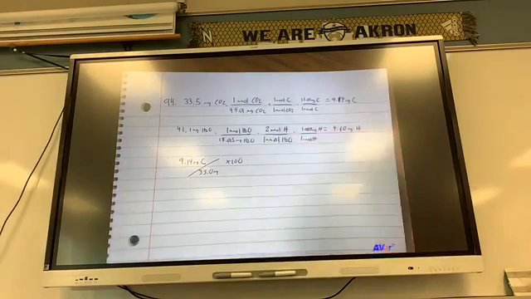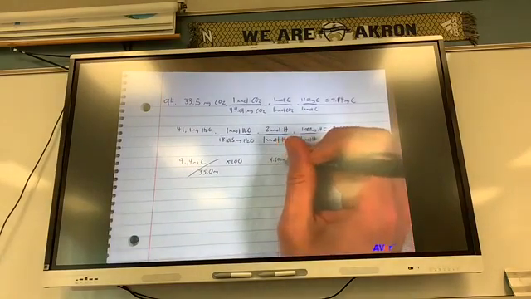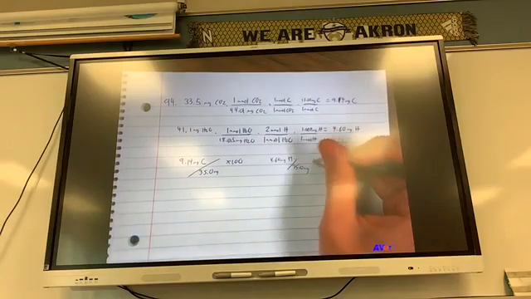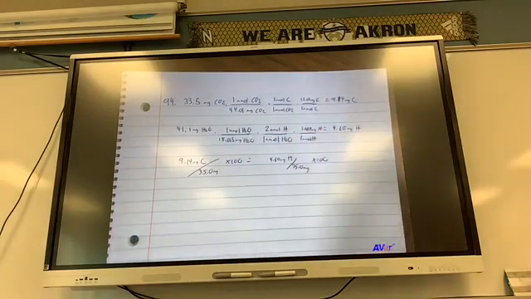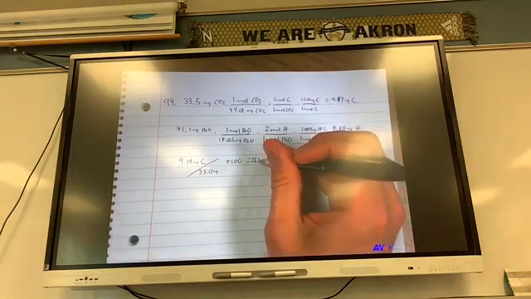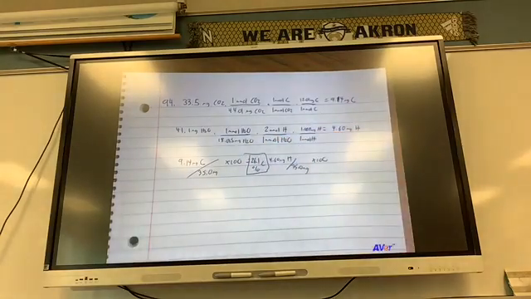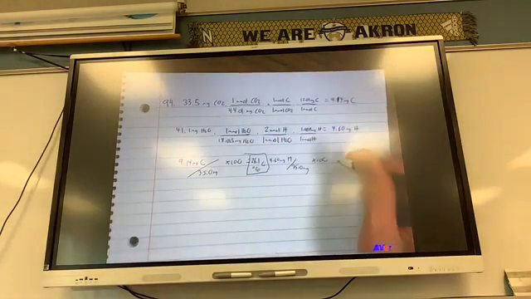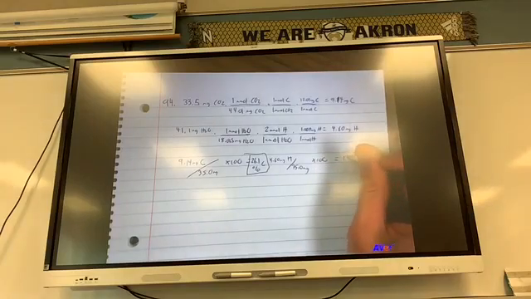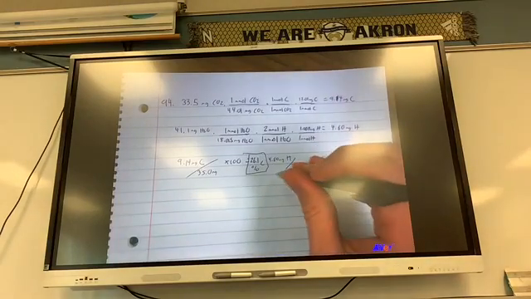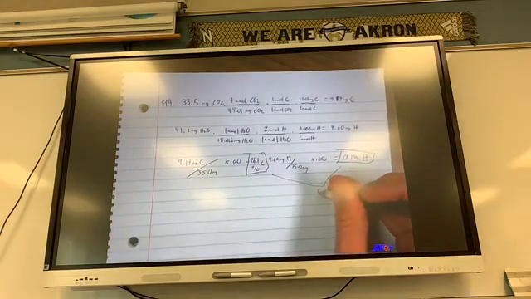And I'm going to take my 4.60 milligrams of hydrogen and divide that by the 35.0 milligrams of the compound times 100. So this gives me 26.1% carbon and 13.1% hydrogen. How am I going to get my percent nitrogen from that? I'm just going to subtract. That ends up being 60.8% nitrogen.